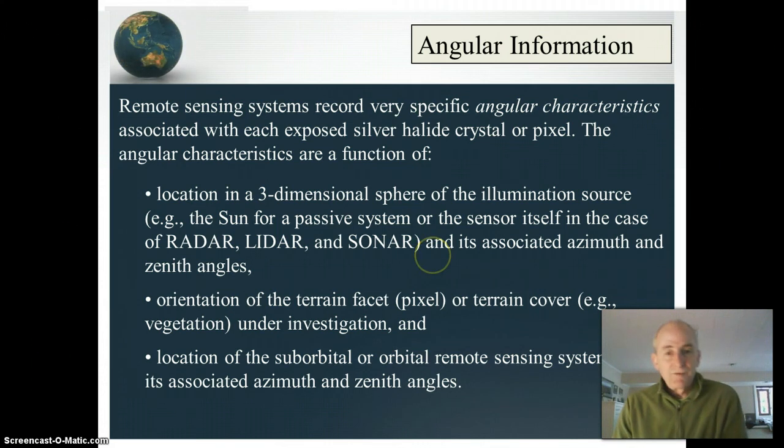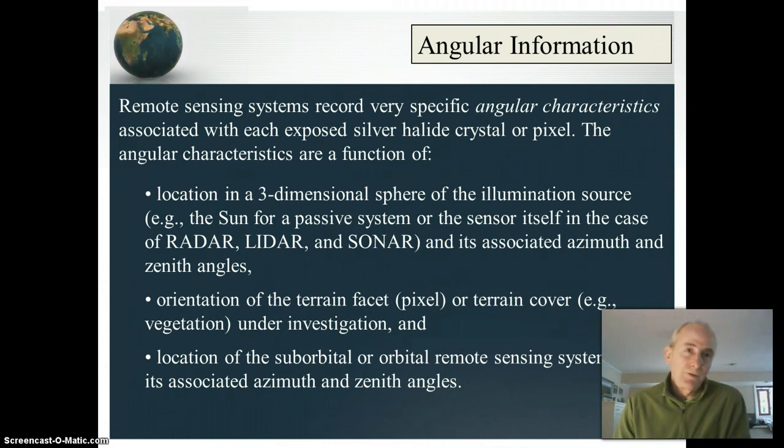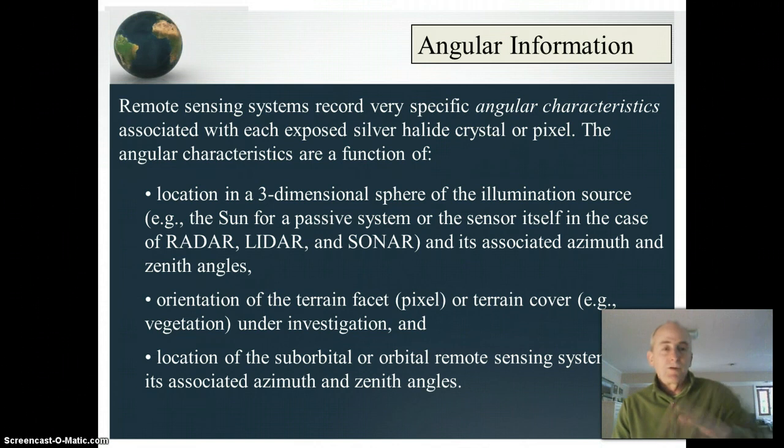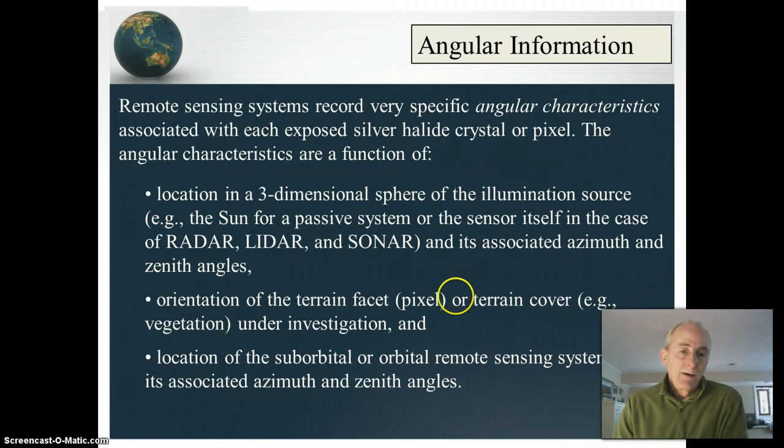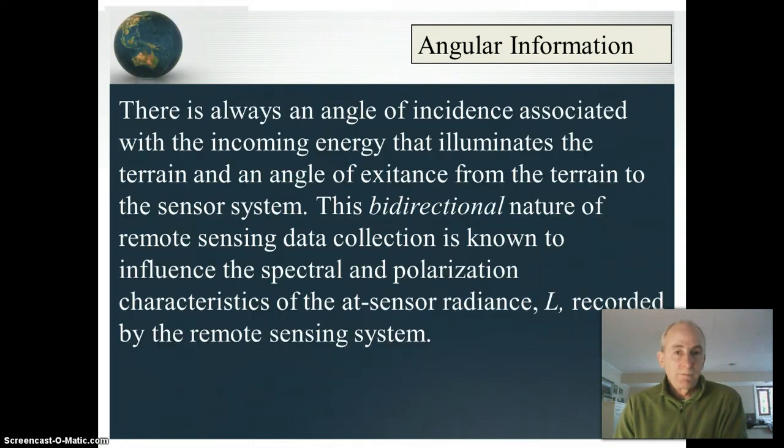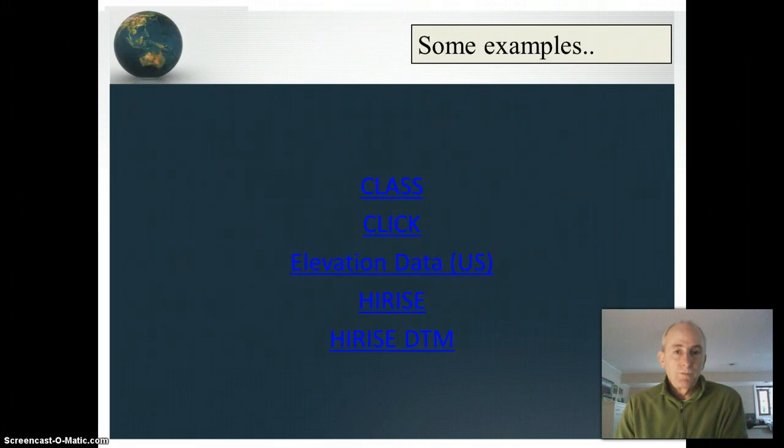The orientation of the terrain facet, its slope, if it is angled in one direction or another, and also the location of the sensor in orbit. And so this is always part of what we do.